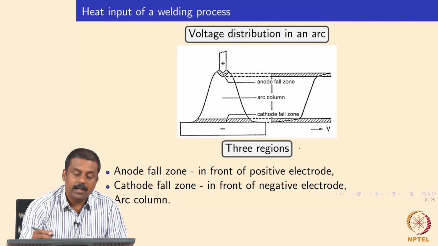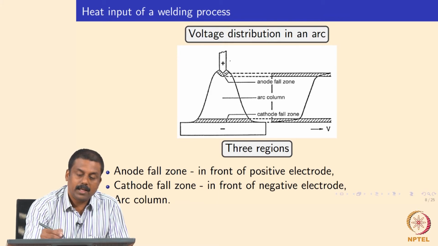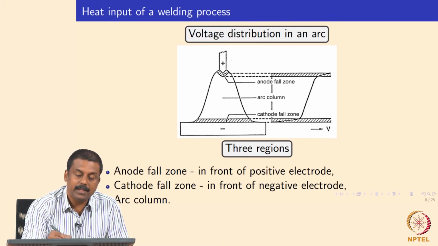If your electrode is positive, you have the anode, which is your filler wire, and you create an anode fault zone and an arc column surrounding the anode. Obviously the workpiece is negative, so you have a cathode fault zone just above your workpiece. So these 3 distinctive regions are always present in GMAW.